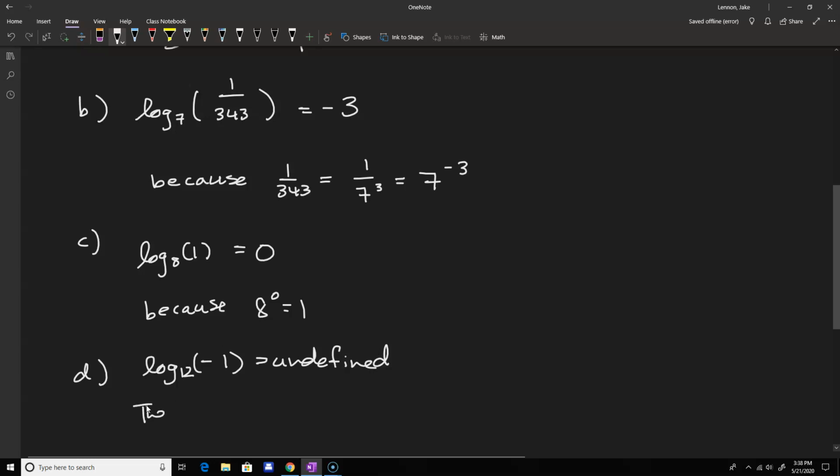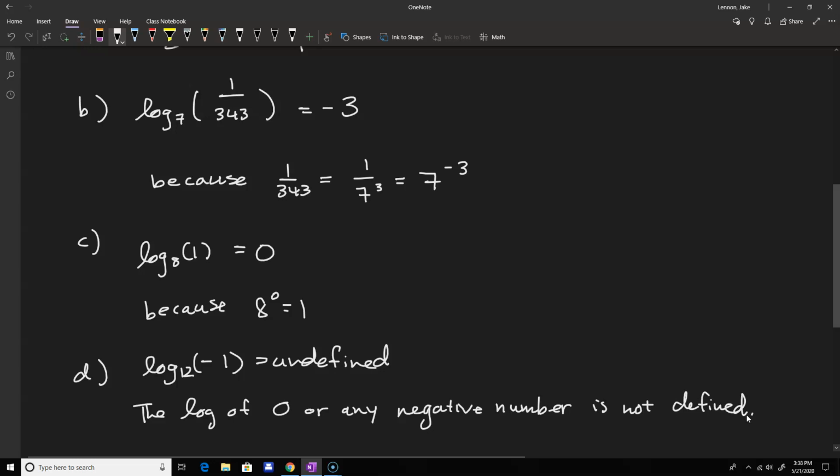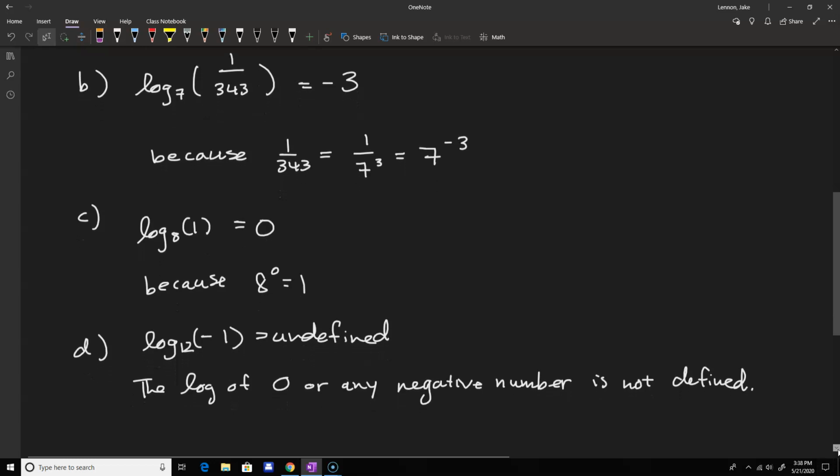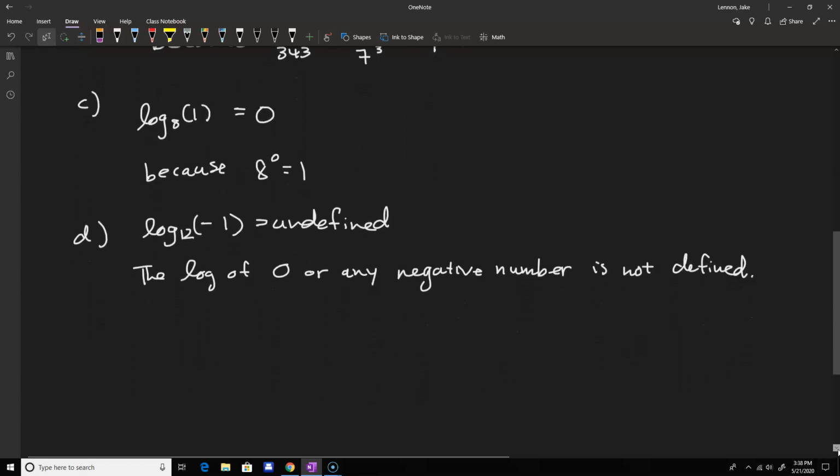So let's just make that comment down here. The log of 0 or any negative number is not defined. So the domain of any logarithm are just going to be the positive values. So the only inputs you can plug in there are positive numbers.